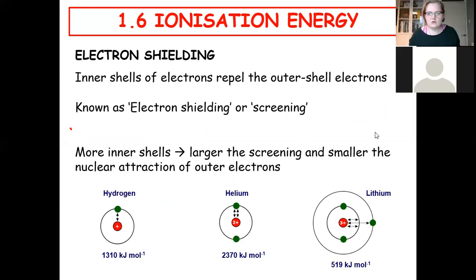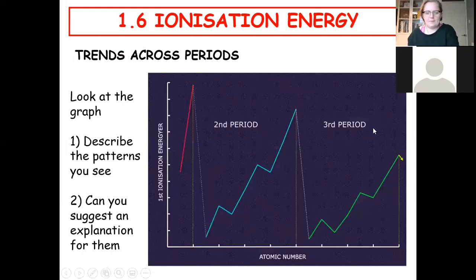So we're going to look at the trends across a period now. So what happens is, this is our second and third period. So what's happening here is our ionization energy, and this is our first ionization energy. We're not bothering looking at second, third, fourth. We're just looking at first ionization energy, the energy required to remove that first electron.